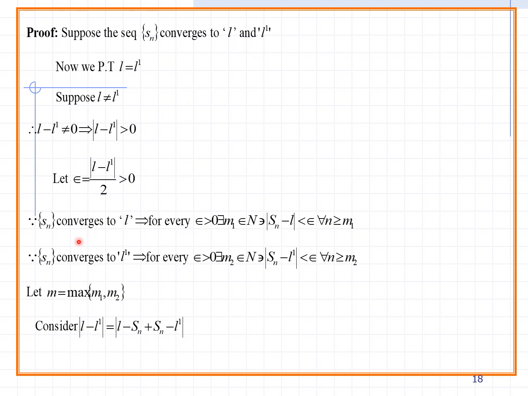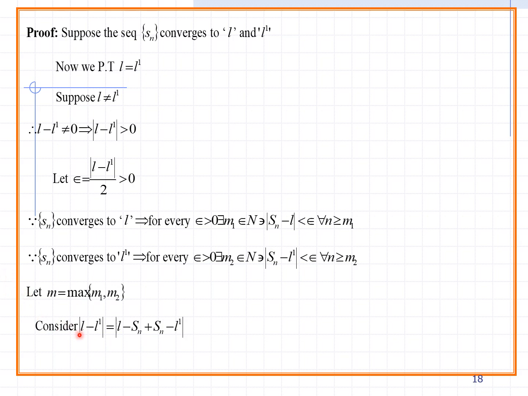Again Sn converges to L dash, with the same definition: for every epsilon greater than 0 there exists M2 belonging to N such that modulus Sn minus L dash is less than epsilon for all n greater than or equal to M2. Let small m equal the maximum of M1, M2.